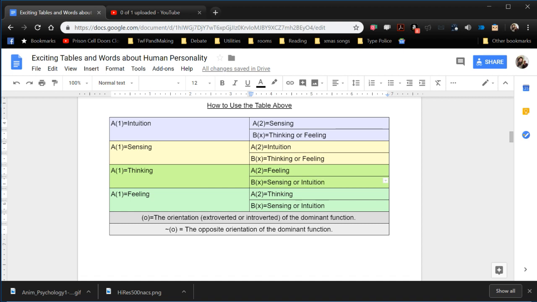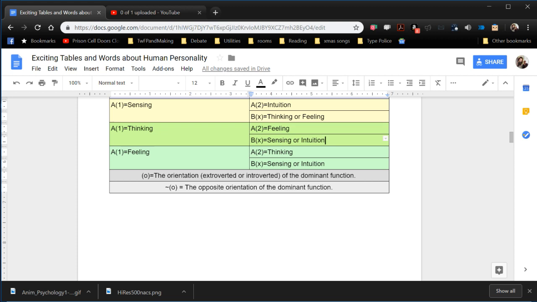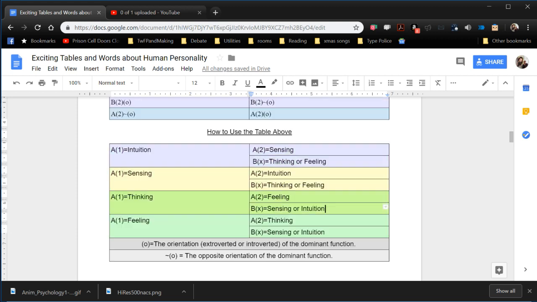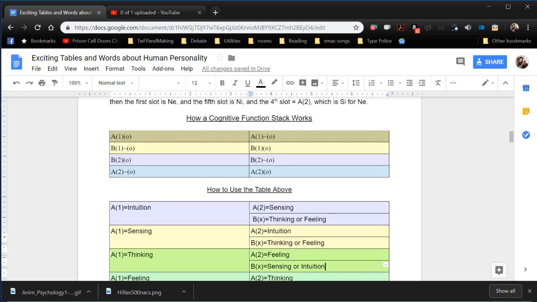If B1 is thinking or feeling, whatever B1 is, B2 is the opposite one according to this. So I didn't really put that there, but that seems fairly straightforward. Whether you want to use that table or not, or how useful that table is, I don't know, but it does explain it successfully in terms of what is, if you know what is, right?